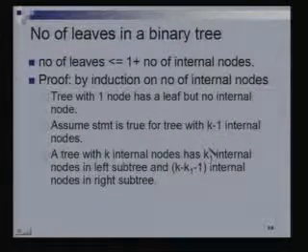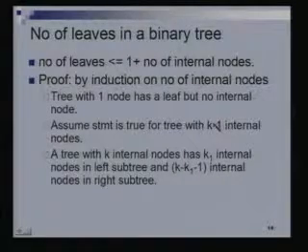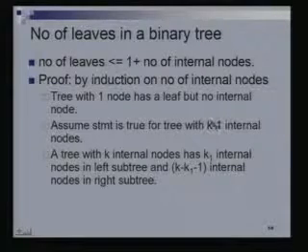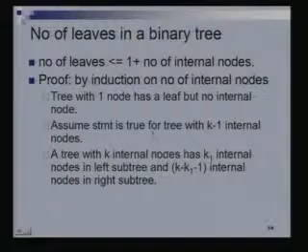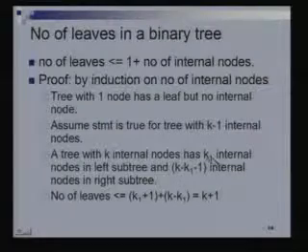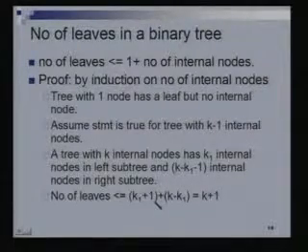Now let's apply the induction hypothesis. k1 is less than or equal to k minus 1, and this quantity is also less than or equal to k minus 1. So we can use the induction hypothesis that the number of leaves in the left subtree, which has k1 internal nodes, is less than or equal to k1 plus 1.